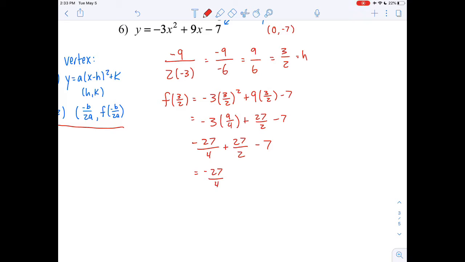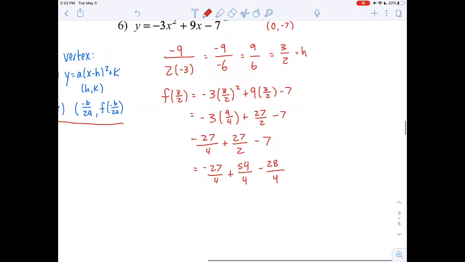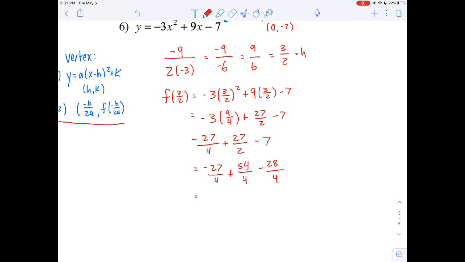So let's just double the second term to be 54 over 4, and then multiply -7 times 4 over 4, which would be -28 over 4. So this ends up becoming -27 and -28 combined to give us -55 over 4 plus 54 over 4, which gives us -1 over 4. So my output, k, is -1/2.